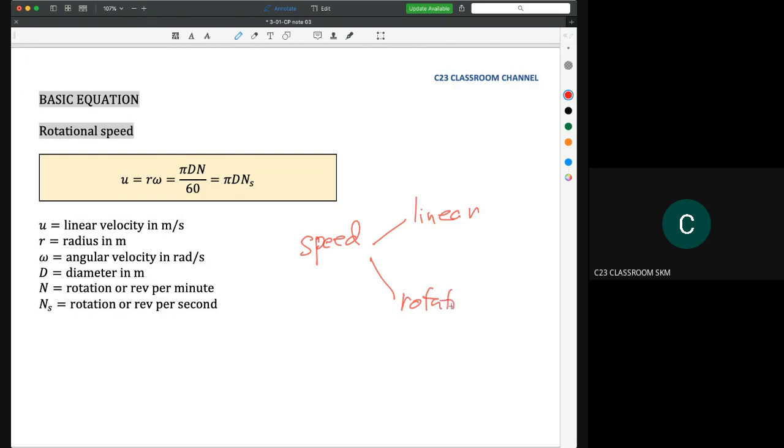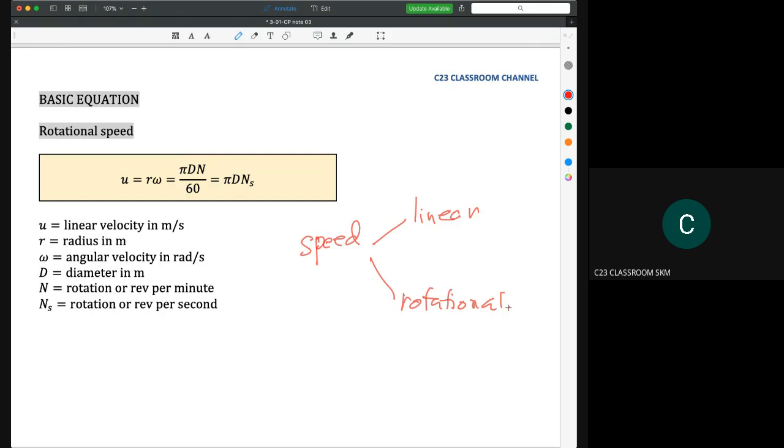So I think you are familiar with this, but sometimes students get stuck in converting these two types of speed. So linear means we are measuring the changes of displacement in terms of time. You know, speed is meter over time, so it means there are changes of distance over time.